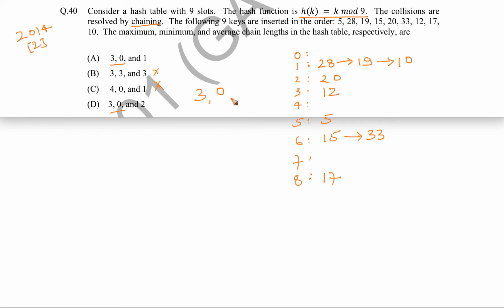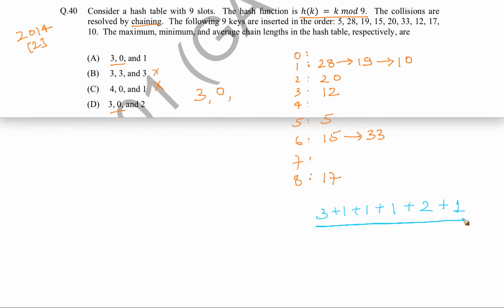That is going to be decided by the average chain length. We can calculate the average chain length by summing all the chain lengths. So 3 plus 1 plus 1 is 5, plus 1 is 6, and this chain length is 2, so 8, plus 1 is 9.